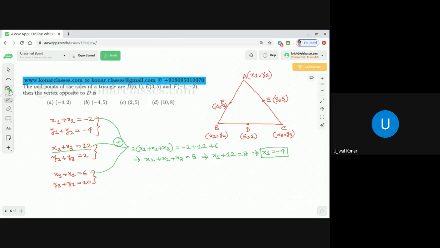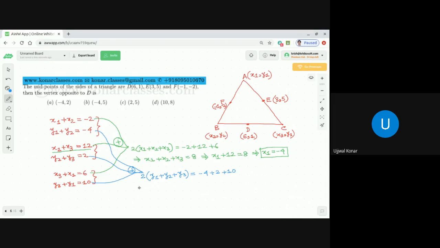In a similar manner, we can add all these y related equations. So if we add all these three equations, what are we going to get? 2 into (y1 plus y2 plus y3) is equal to minus 4 plus 2 plus 10. Correct, dear students? So that becomes 8.